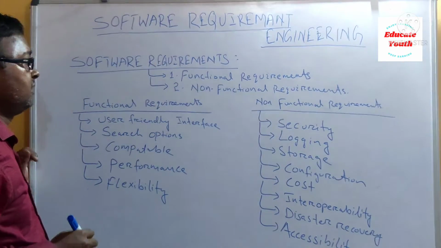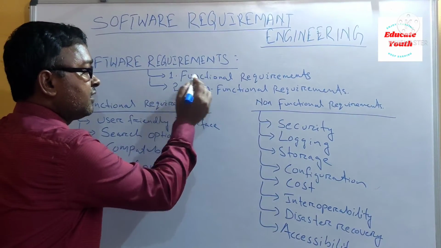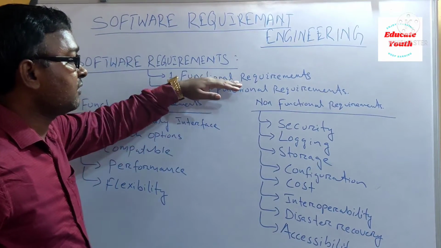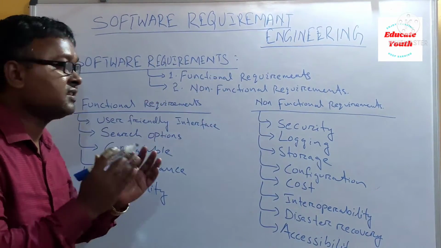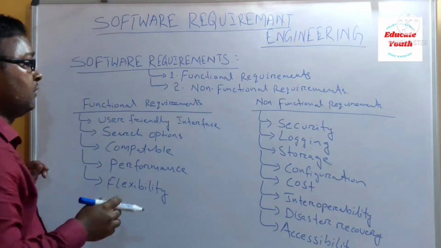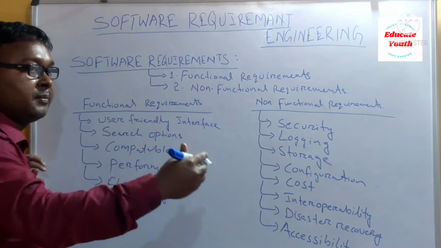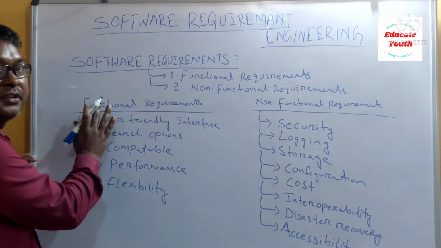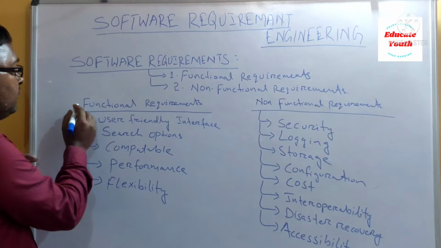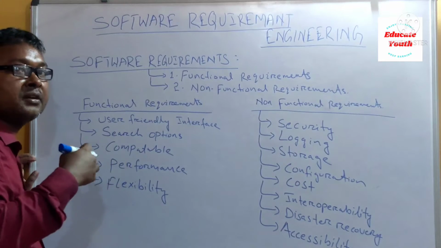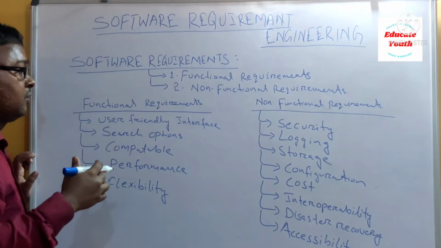Try to understand the functional requirements and the non-functional requirements. You need to analyze these first of all. Whenever you are going for development of a particular project, the first thing you need to note down is what the functional requirements of your project are.